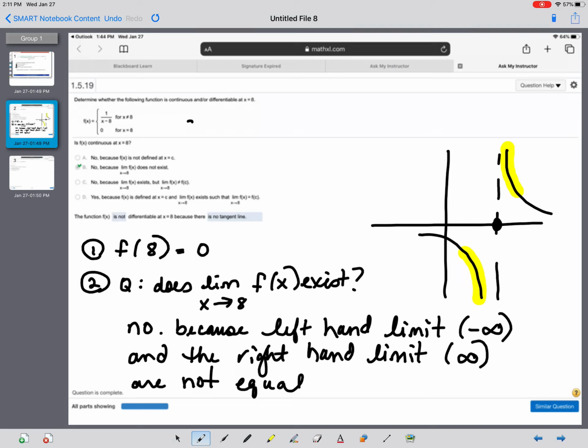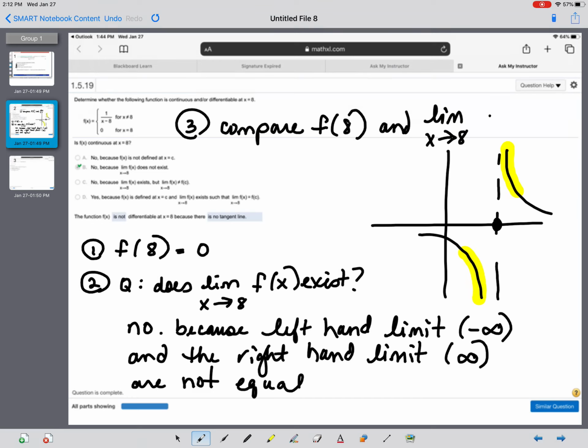Okay, and then finally, the third condition, we need to compare f of 8 and the limit as x approaches 8 of f of x. We're trying to see, do they equal?